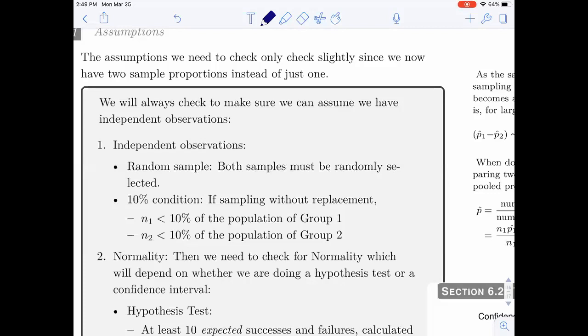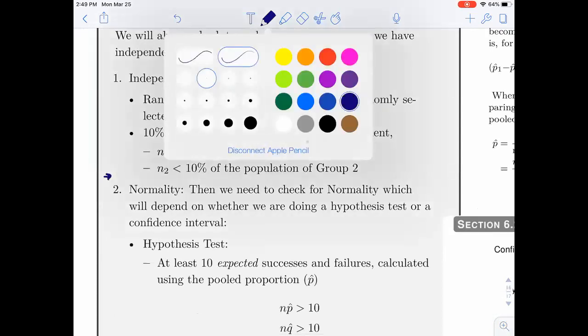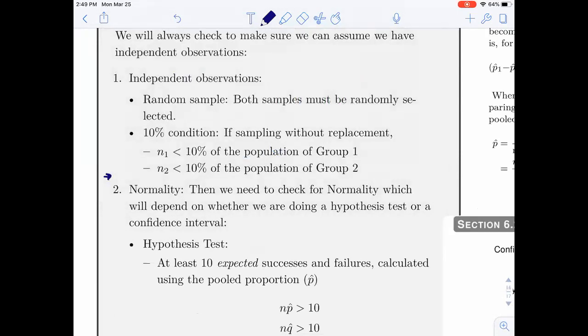So for the random sample, now we're just saying both samples have to be randomly selected. Crazy, right? And then for the 10% condition, each sample has to satisfy the n being less than 10% of the population condition.